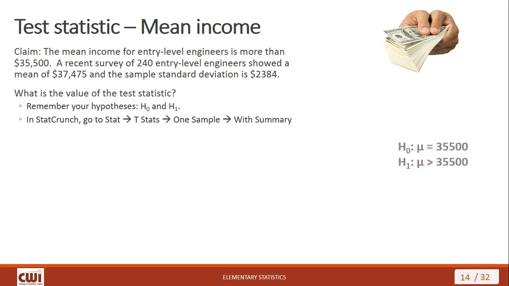Go into StatCrunch and go to T stat, one sample with summary. Why are we using T stat when calculating a hypothesis test for the mean? Remember, when we're looking at the mean value, the key question is, do you know what the population standard deviation is? Do we know what the population standard deviation is?